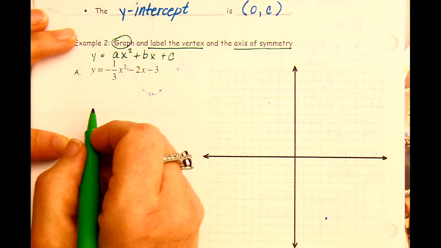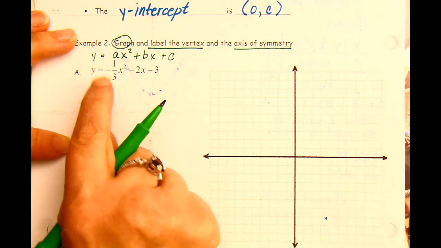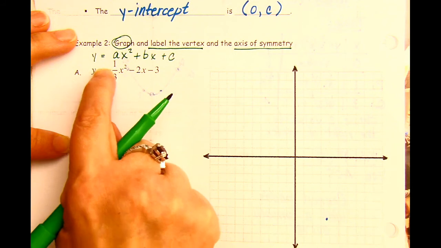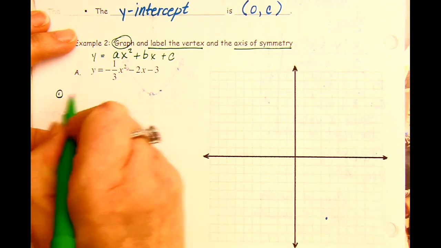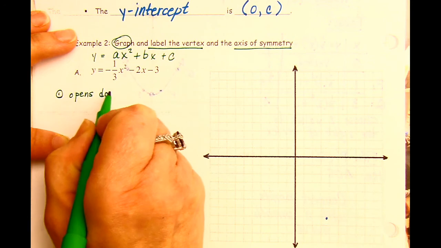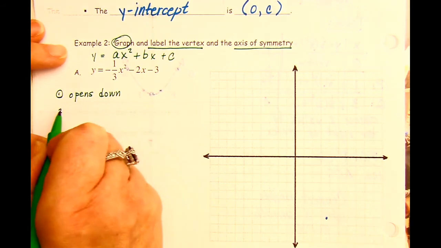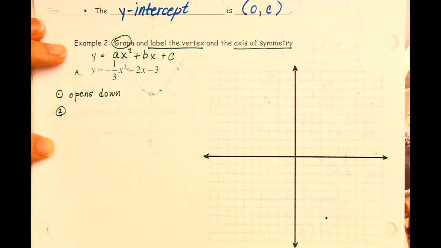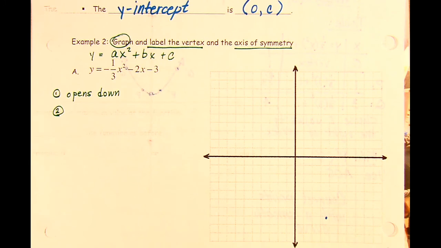All right, does this thing open up or down? Well, the a value, the leading coefficient, is negative. So number 1, this opens down. Number 2, I need the starting point, and the starting point is called the vertex.